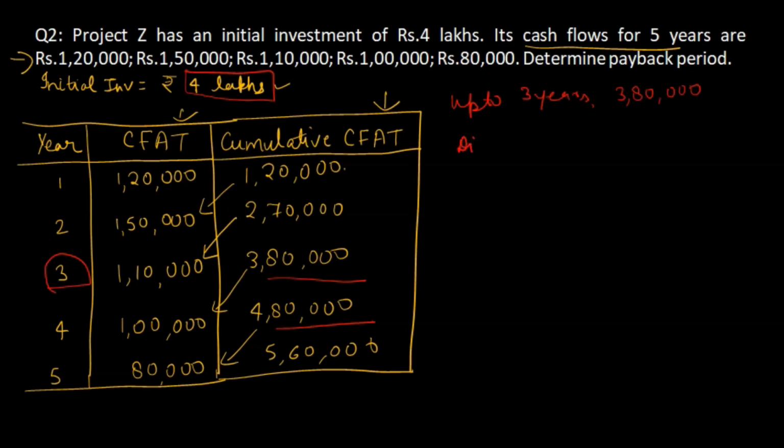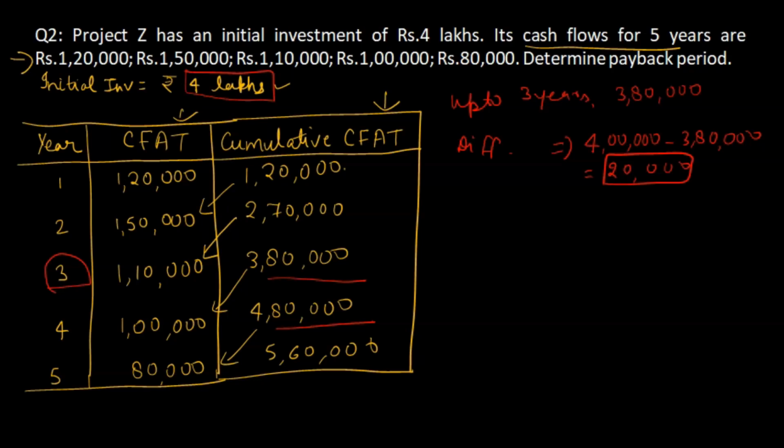So the difference is 4 lakh minus 380, which will be 20,000. So we need 20,000 more in the fourth year. Up to the third year we can recover 3,80,000, but we need 4 lakh. We want to see in what duration we can recover 4 lakh, so 20,000 more is needed.